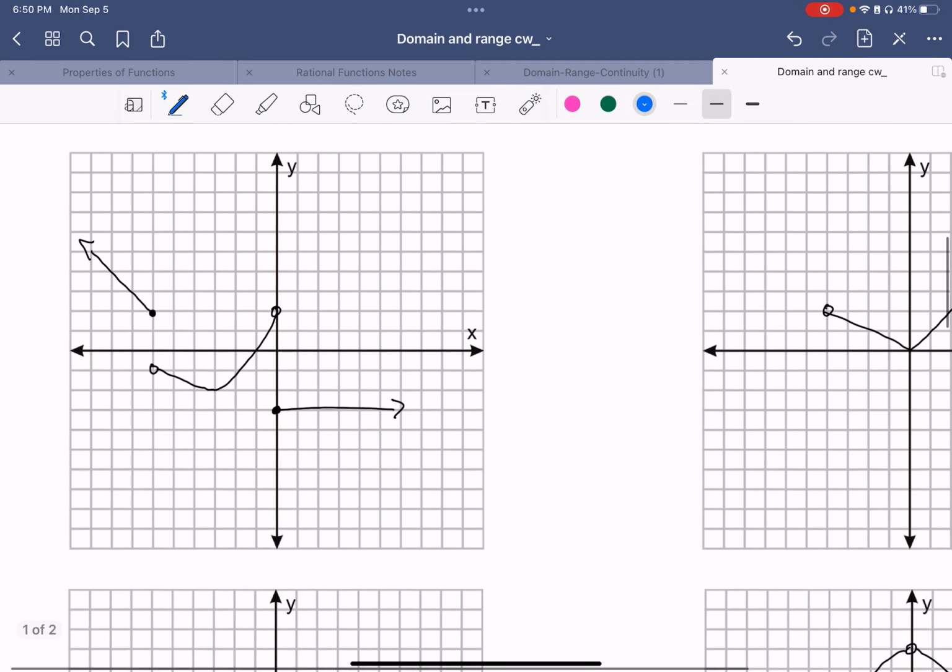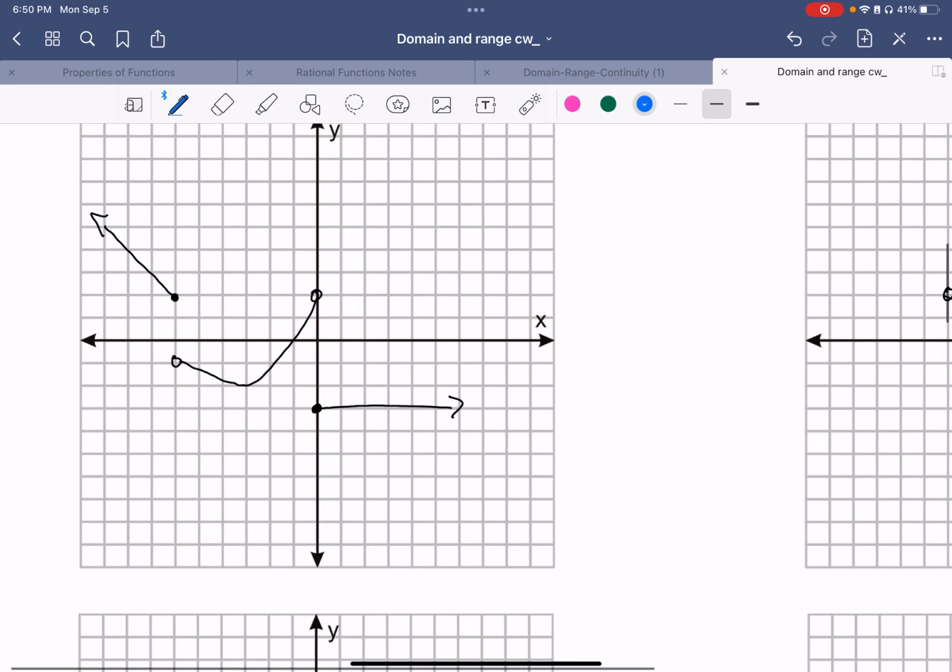Okay, let's do another one. Again, this arrow tells me that I'm going towards negative infinity, and this arrow here tells me I'm going towards positive infinity on the x-axis. So I'm going to shade everywhere that I see the function. From negative infinity, now when I get here, I'm going to analyze. There is an open circle, but a closed one as well, so I'm not going to stop there.